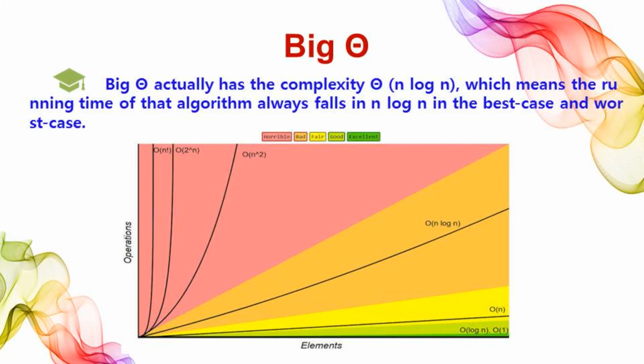It means the running time of the algorithm always falls between the best case and the worst case. Here the average case is one where both running time and memory space are calculated equally. Suppose we search for an element in a list and find it in the middle of the list; these types of cases come under big theta.